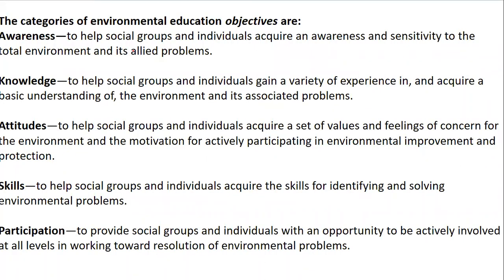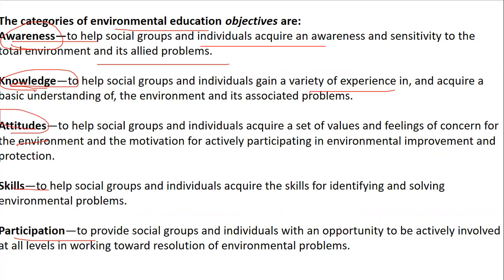We have the environmental education topic, which has the following objectives: awareness, knowledge, attitude, skills, and participation. Awareness is about acquiring an awareness in order to solve the problems. Knowledge indicates having an experience in order to solve environmental problems. Attitude means a set of attitudes which will motivate active participation in order to protect the environment.